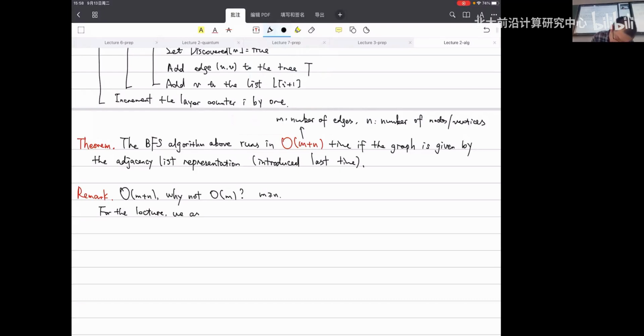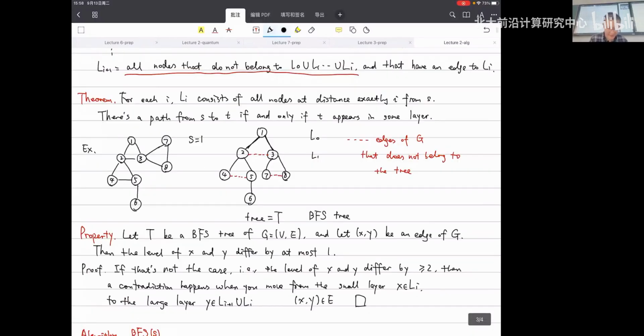So for the lecture, we assume the degree of each vertex U is at least 1. But in general, it is okay to consider an isolated vertex that does not contain any edge, and it still makes sense to consider BFS. But for instance, if you have a vertex 9 and a vertex 10 here, then the BFS cannot find it.